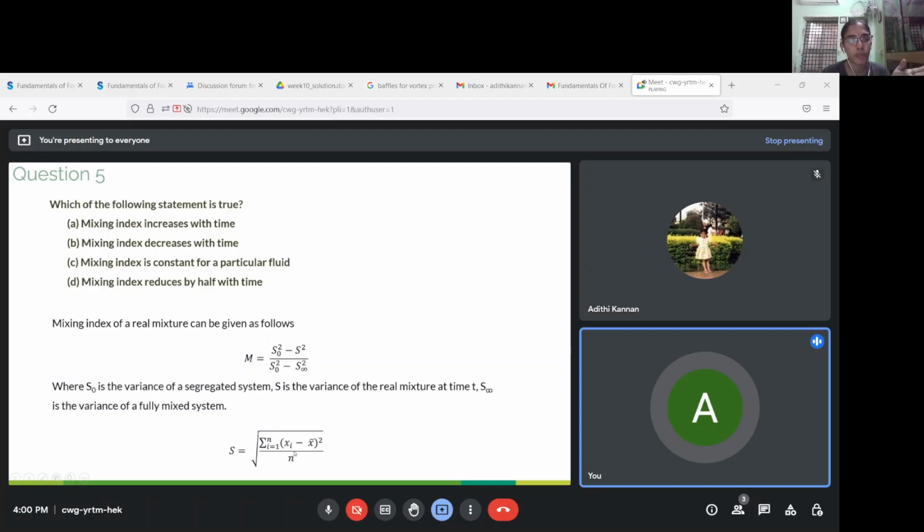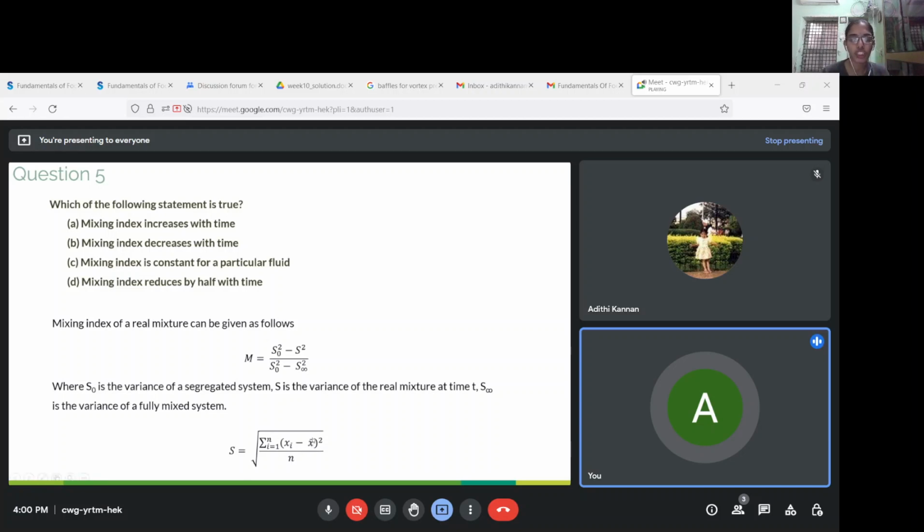Let's say your first sample will contain 0.2, or 20%, of your A component. So xi will be 0.2. And in the second sample, let's say you have 40% of the component. So xi will be 0.4. So xi will be the fractional component of the particular product that you are looking for.